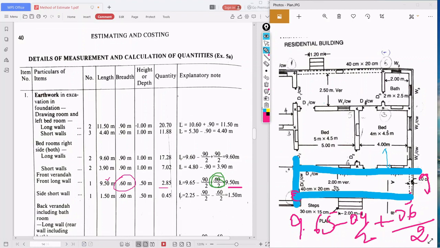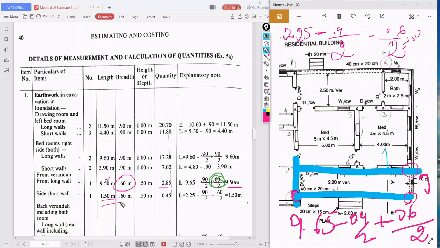So what is the length we have got? We have got the length as 2.25. So 2.25 is the center to center length of the short wall. Okay, in the short wall we are deducting. Excavating there is also over, excavating here is also over. So simply 2.25 minus 0.9 by 2 minus 0.6 by 2 will give the answer as 1.50.